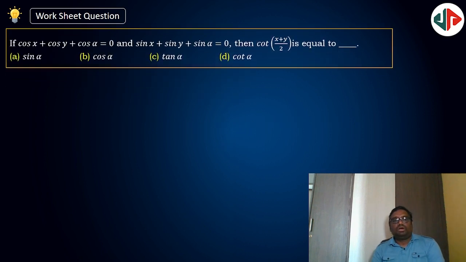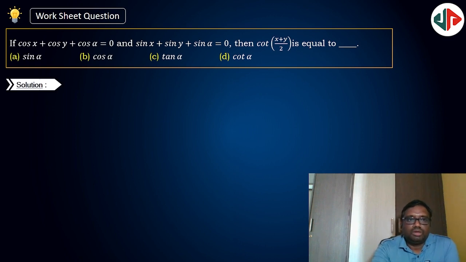In the same manner, cos x plus cos y plus cos alpha is equal to 0, and sin x plus sin y plus sin alpha is equal to 0. Then what is the value of cot of (x plus y) by 2? Same condition. From the first condition, minus cos alpha is equal to cos x plus cos y.